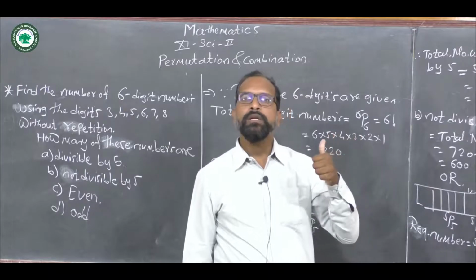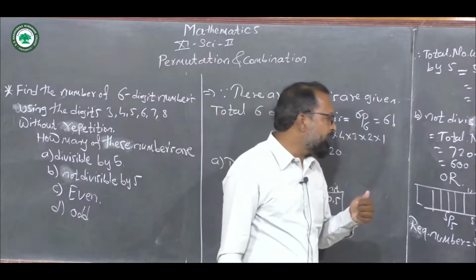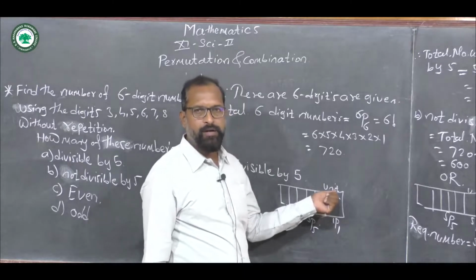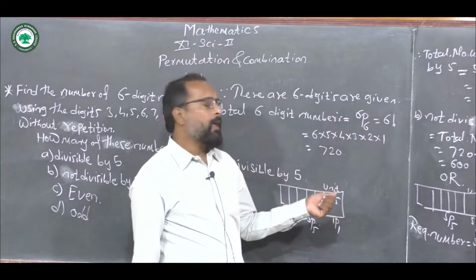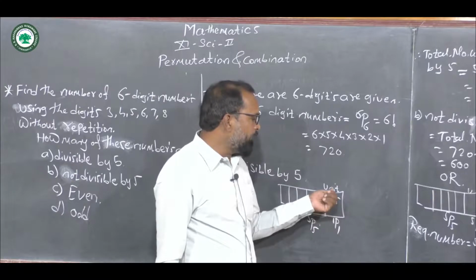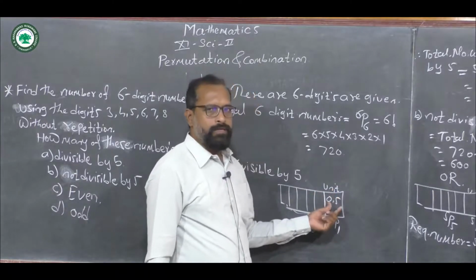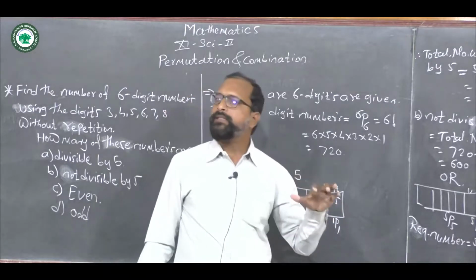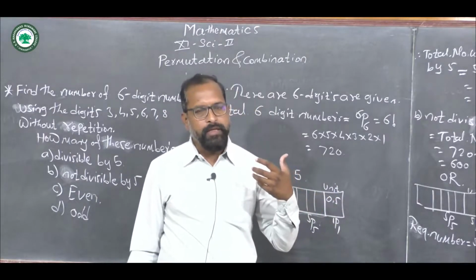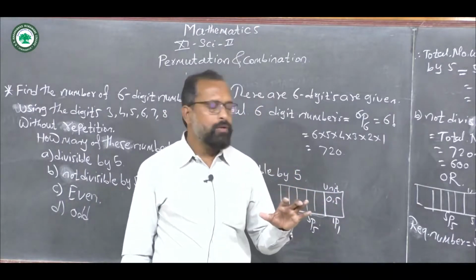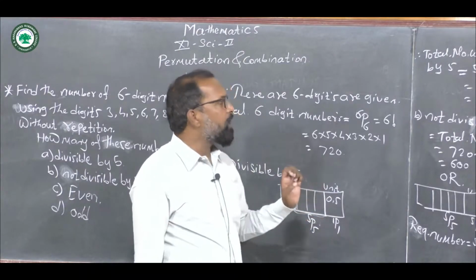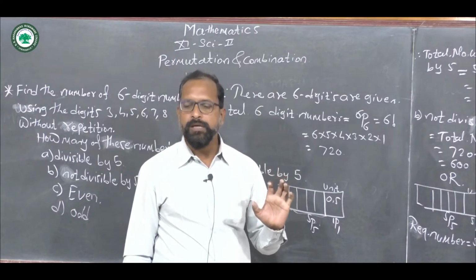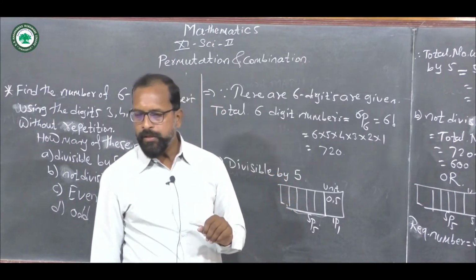These numbers can be found by giving a restriction on the unit place. And when we fix the unit place, then the remaining places can be arranged in any way. So in this way we can find the numbers which are divisible by specific numbers. We will stop here. Thank you.